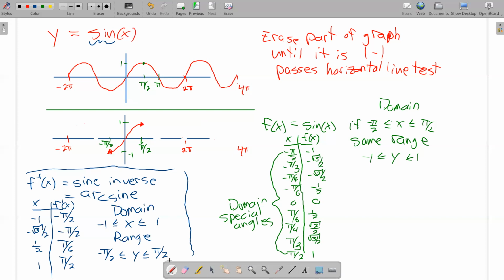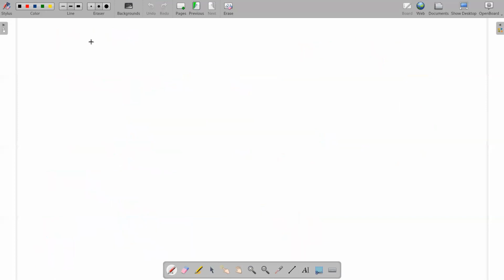Let's make a quick graph of this and we'll ask a computer to graph it for us to compare. So new page. If f of x equals the sine of x, then the inverse function, I'm going to call the ArcSine of x.